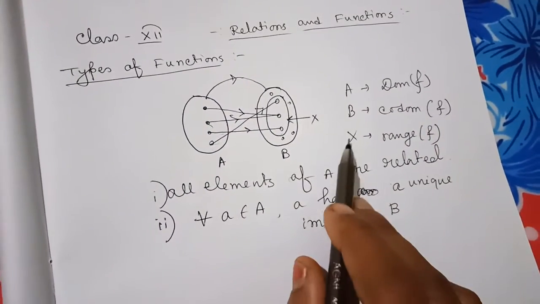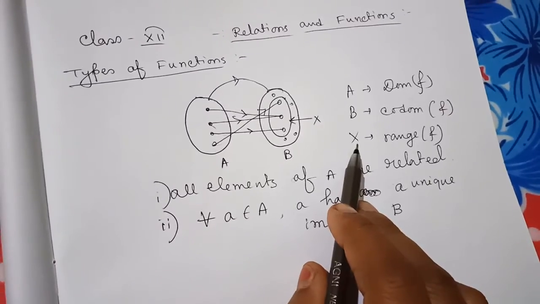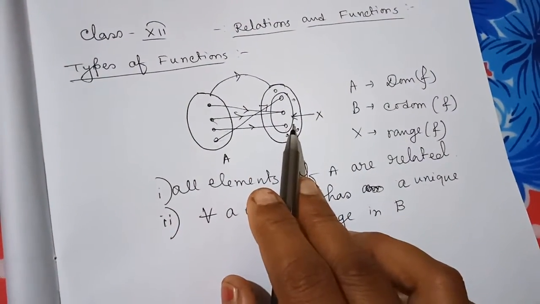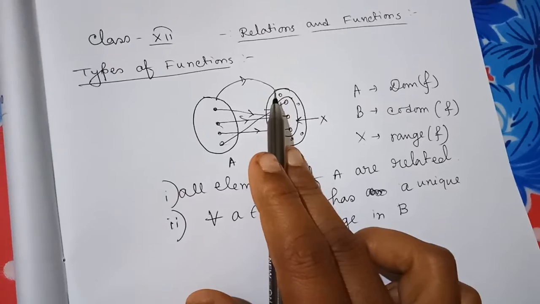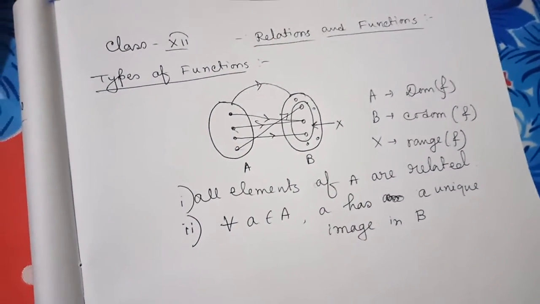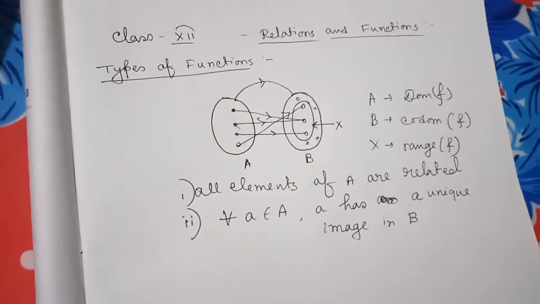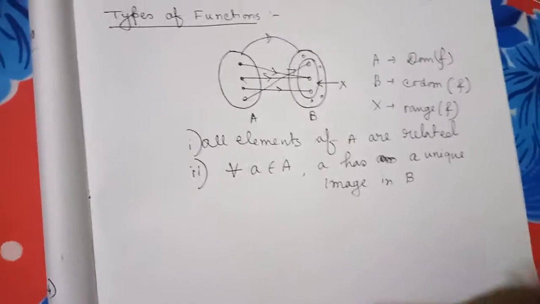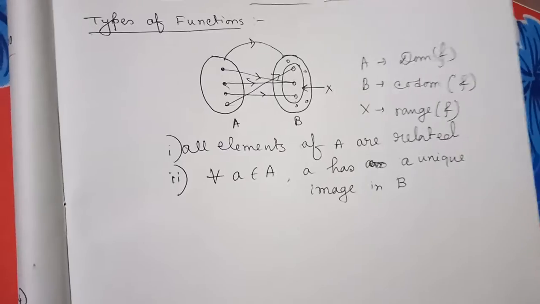Range is the set of all images, not the whole second set. The whole second set is the codomain set. I hope everybody knows it now, and we have all done it in class 11 and 12 both.